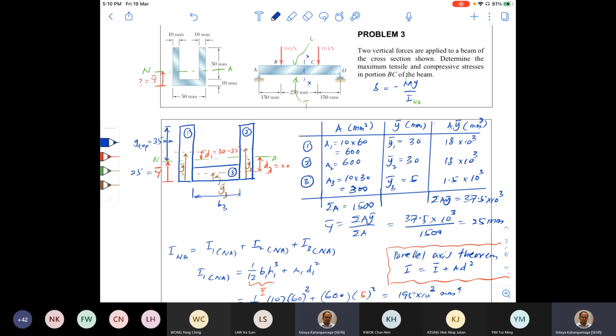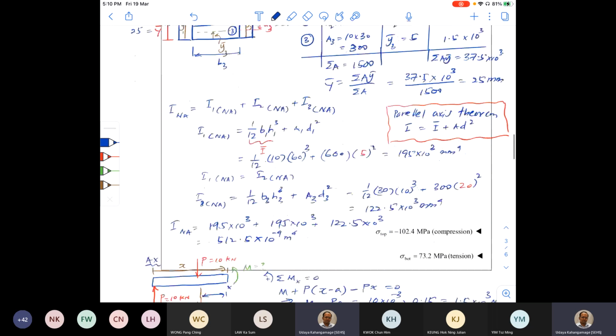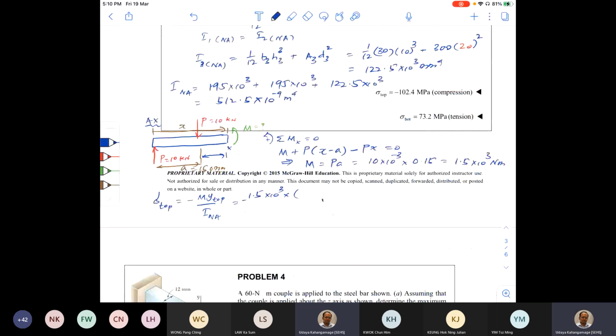Similarly, we'll mark the Y bottom as well. Oh, Y bottom is Y bar, so we don't need to mark that. Okay. So Y top is 35, 0.035, divided by I_NA. We found that is 512.5 into 10 power minus 9. So you simplify, you get the answer negative 102.